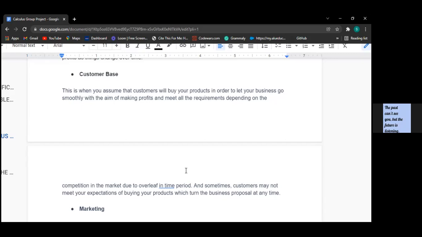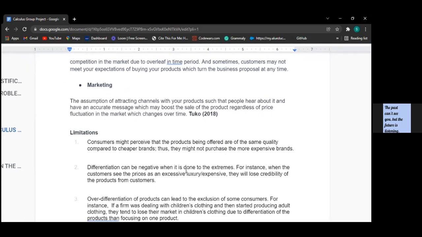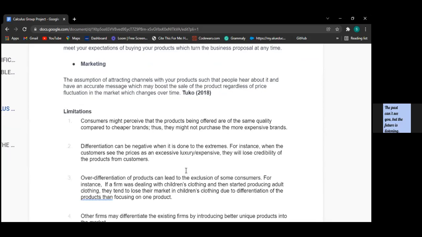Coming to marketing, based on the products they have brought to the market, they assume that all the channels will be attracted to their products. Since this is new, all the customers and the channels will be attracted by the products.